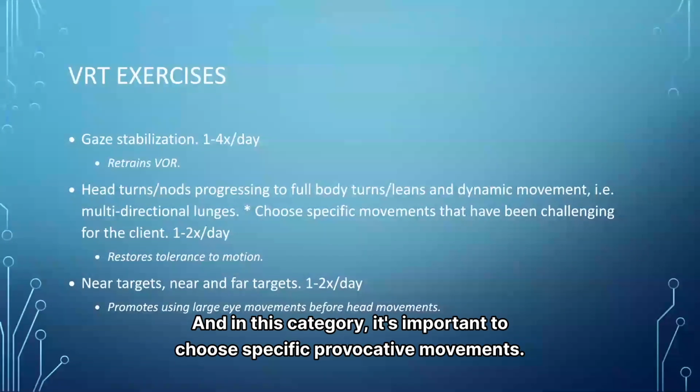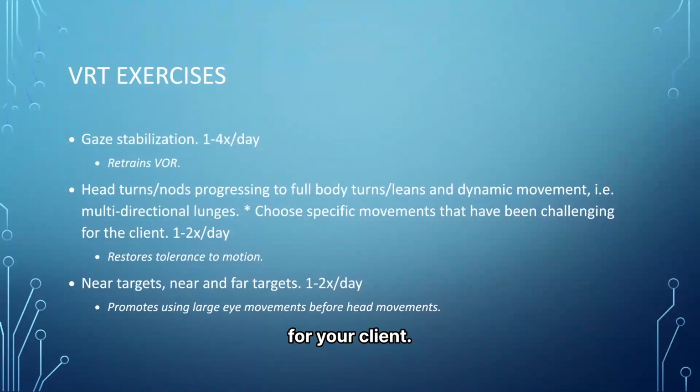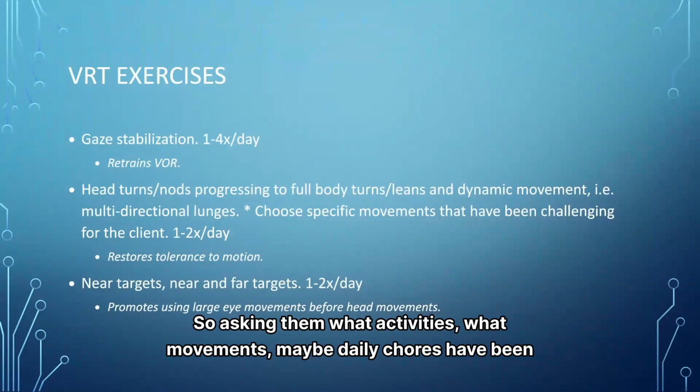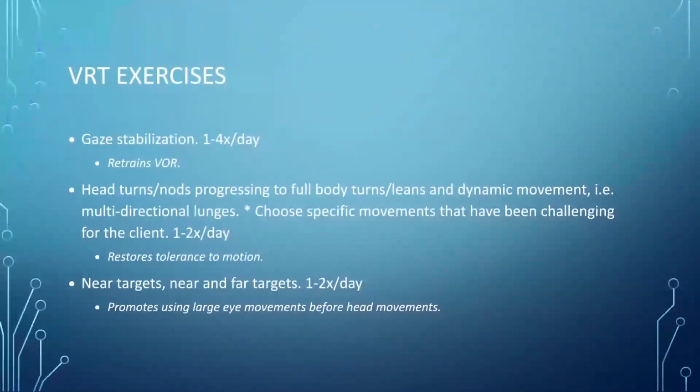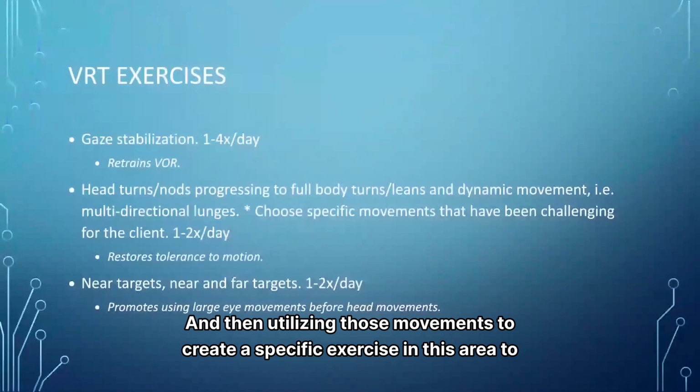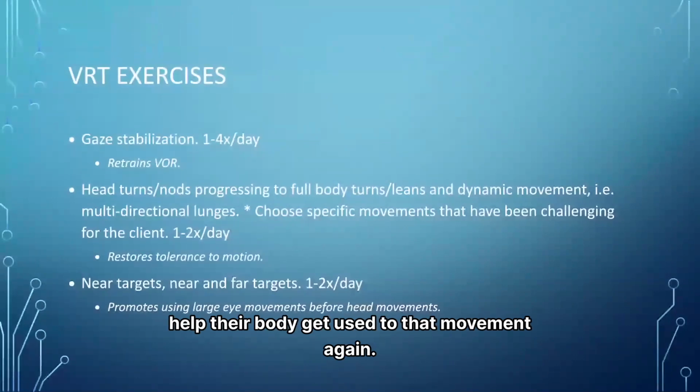And in this category, it's important to choose specific provocative movements for your client. So asking them what activities, what movements, maybe daily chores have been difficult or provocative. And then utilizing those movements to create a specific exercise in this area to help their body get used to that movement again.